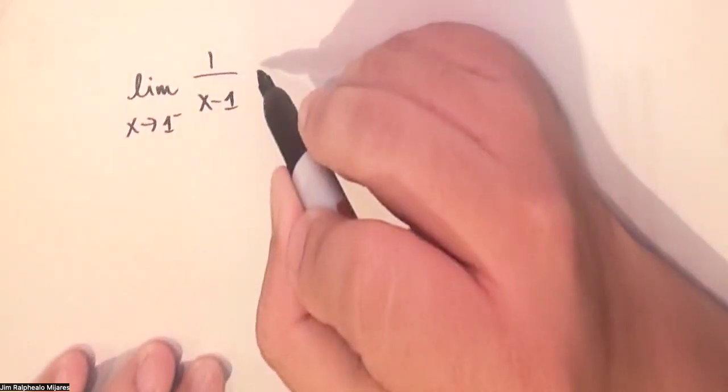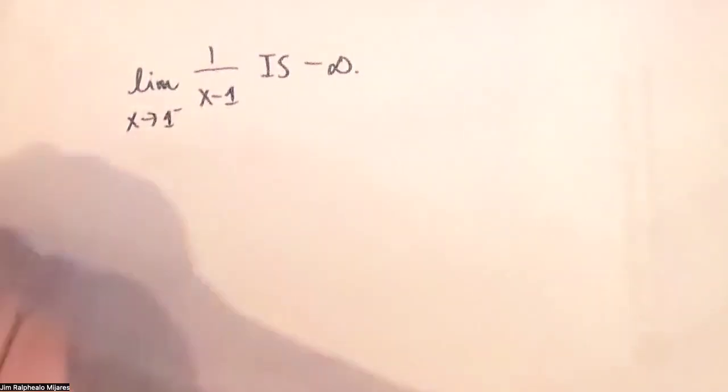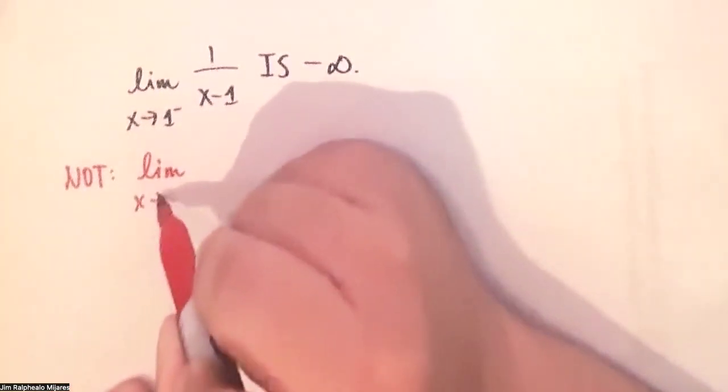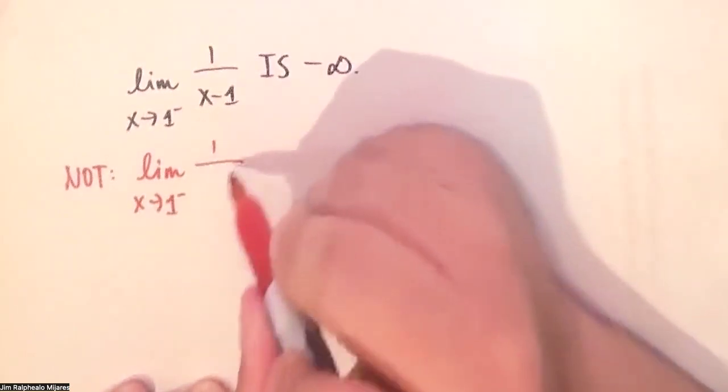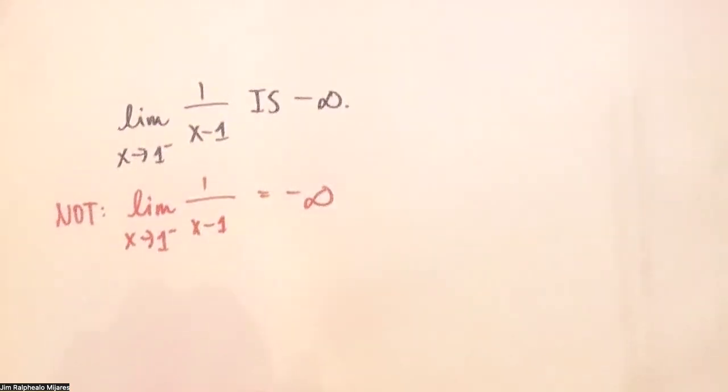Now notice that I have been careful in saying that the limit as x approaches 1 from the left of 1 over x minus 1 is negative infinity. Notice that I'm not writing that the limit as x approaches 1 from the left of 1 over x minus 1 equals negative infinity.